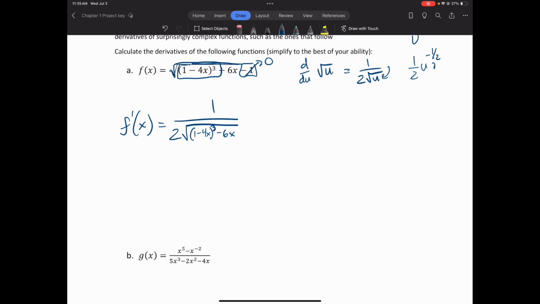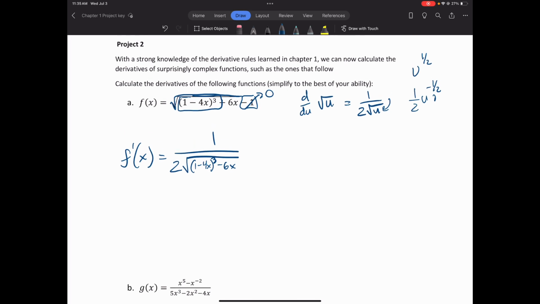Well, once again, this is me using the chain rule, so now I have to take the derivative of what u is. Well, what is u? U in our case is 1 minus 4x cubed plus 6x. Well, taking the derivative of this in itself also requires the chain rule, for this piece.